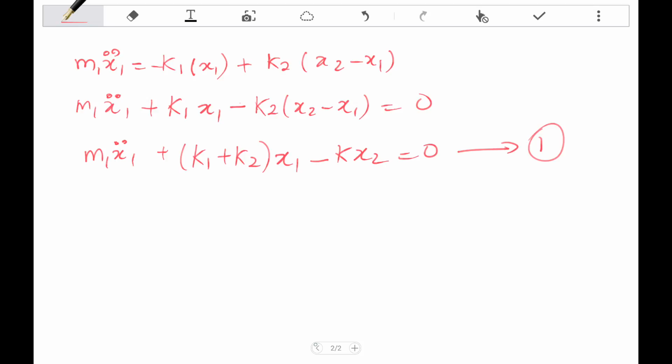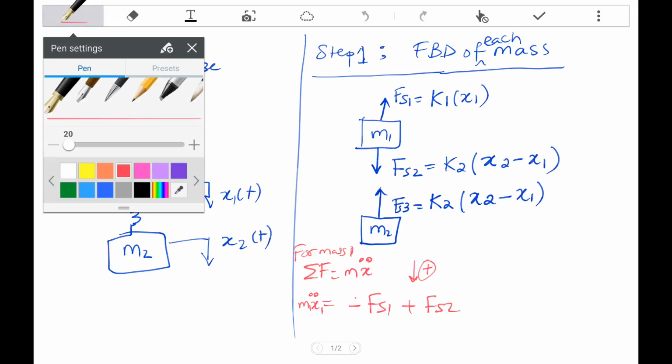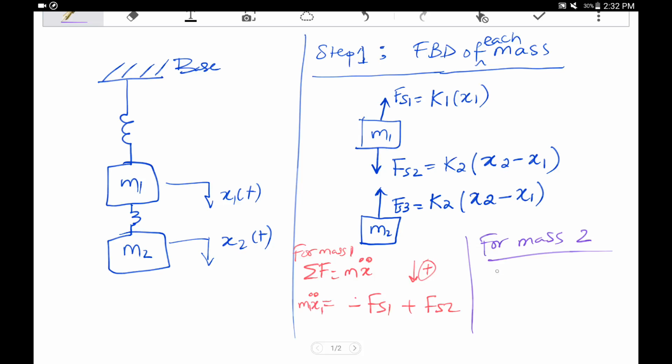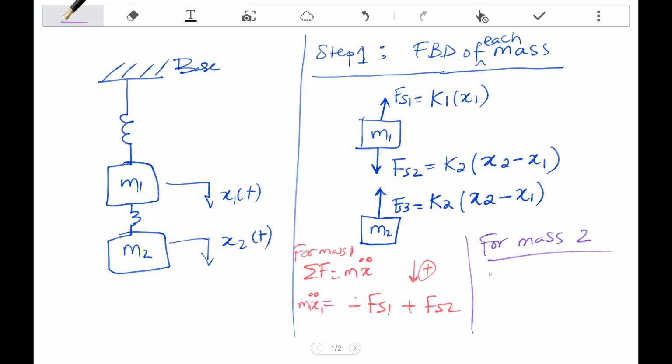Now let's do system 2, for mass 2. We do the same thing. So sum of forces equals m x double dot, and downward direction is going to be positive. So I'm going to say m2 x double dot 2 equals negative k2 times (x2 minus x1).